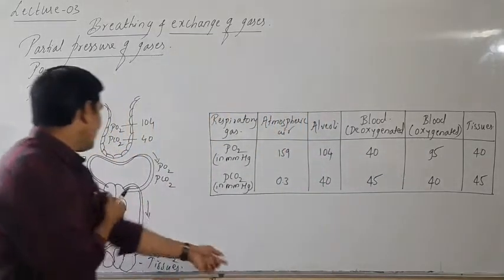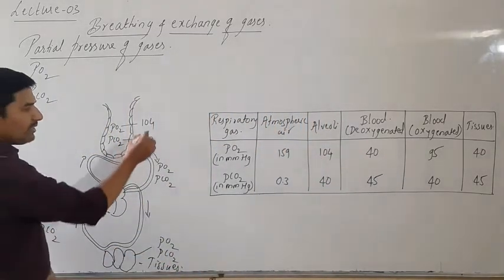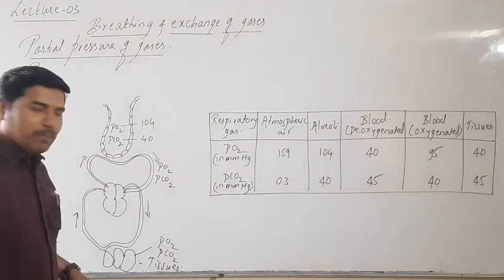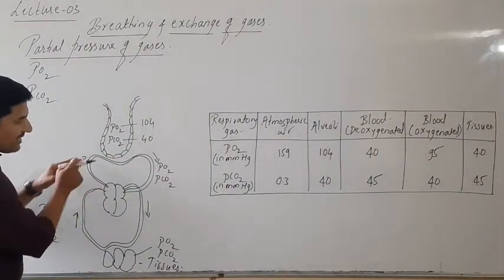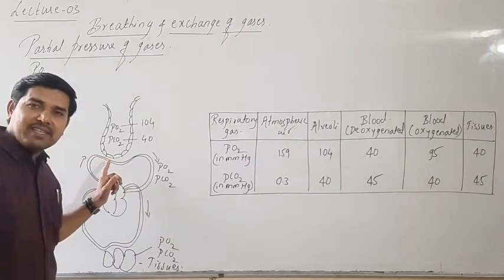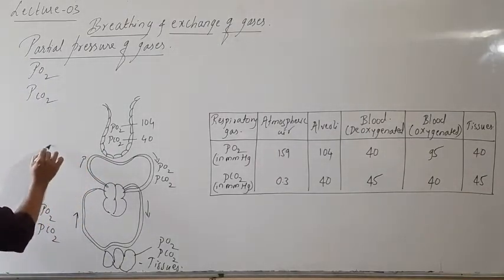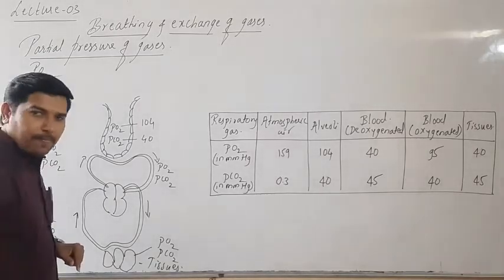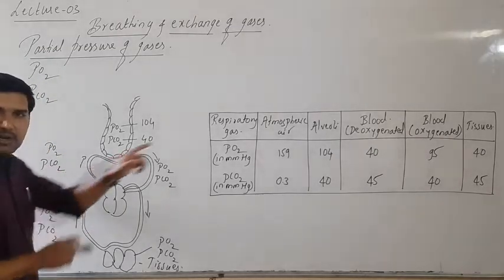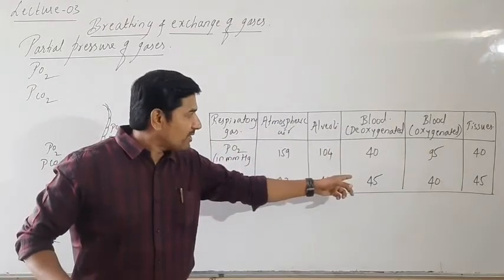Okay, what happens here? This is 104 and 40 mm. Now this is the deoxygenated blood. What is given in the chart?